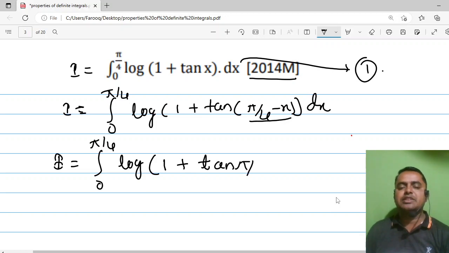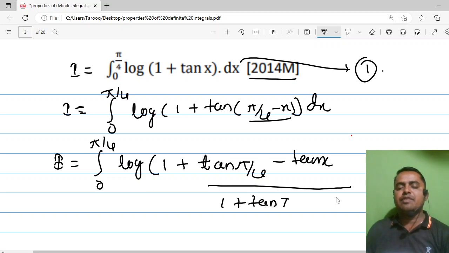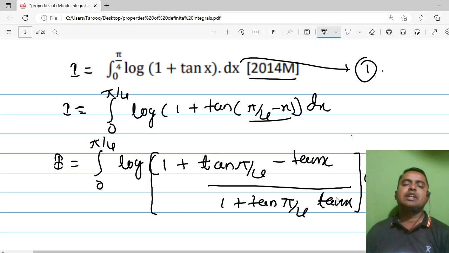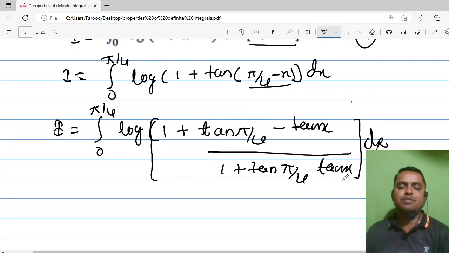Tan A minus B means tan 5 by 4 minus tan x divided by 1 plus tan 5 by 4 into tan x dx. So what I did here, I used the formula for tan A minus B.